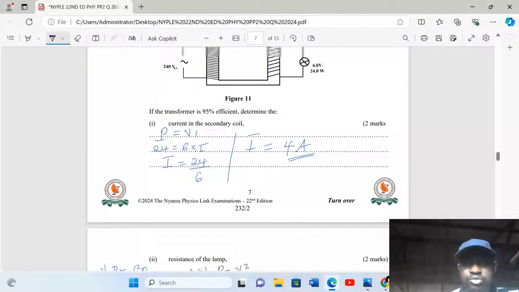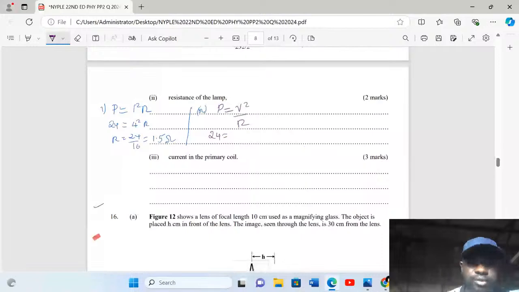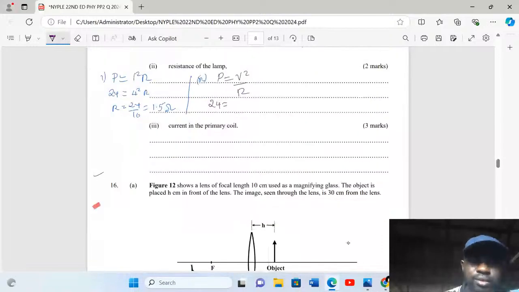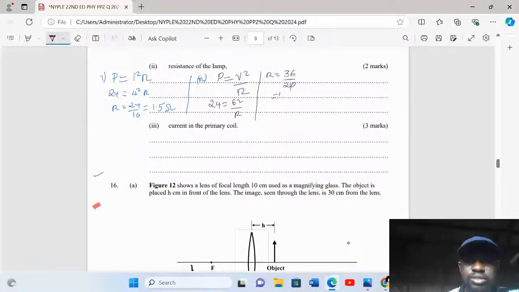Our V was 6, which will be 6 squared over R. This will lead us to R is given by 36 divided by 24, 1.5 ohms.